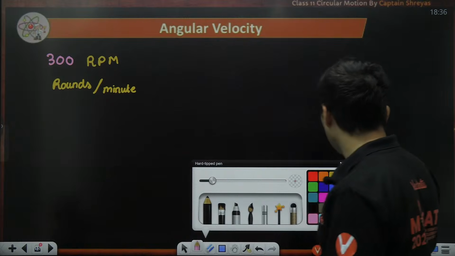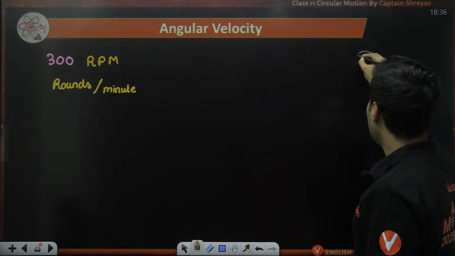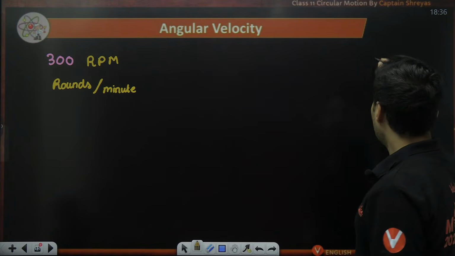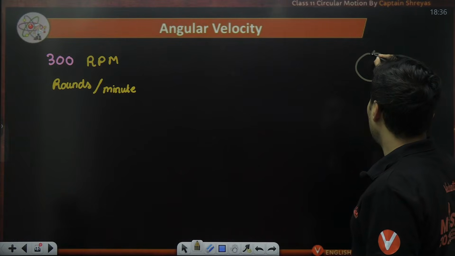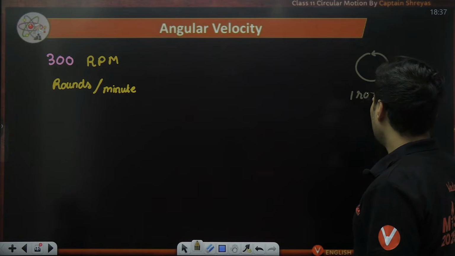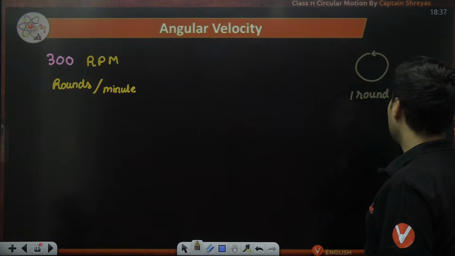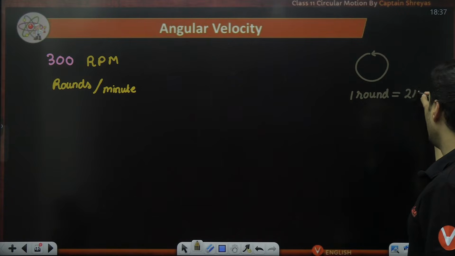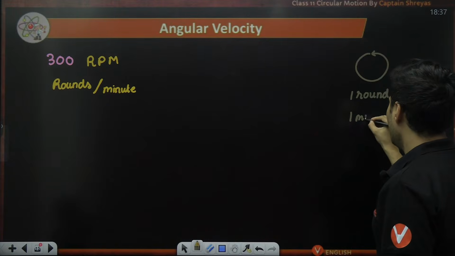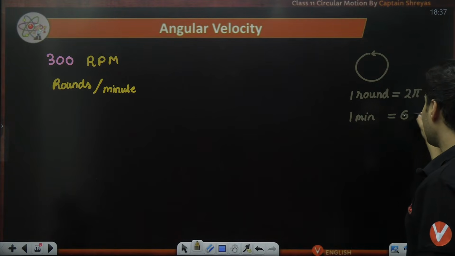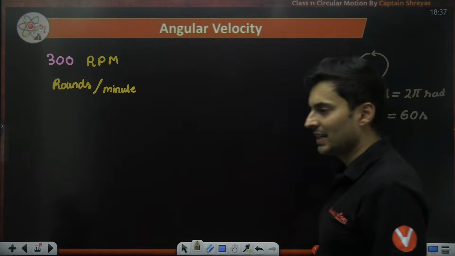Now keep one thing in mind. One complete round is how many radians? It's 360 degrees, which is nothing but 2 pi radian. Also, 1 minute is how many seconds? It is nothing but 60 seconds.